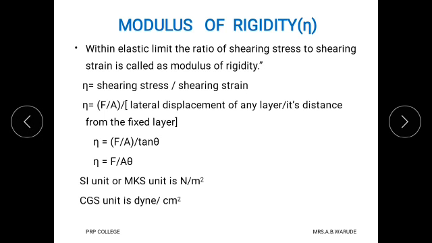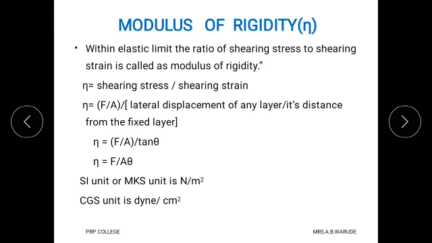As we know, if there is a very small change in shape and size of the object, then that ratio, lateral displacement of any layer with respect to its distance from the fixed layer, is equal to tan theta. So we write eta equals F upon A upon tan theta.